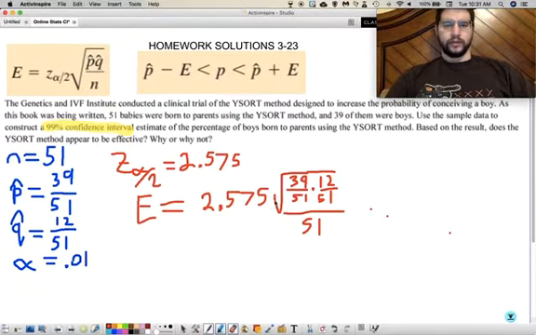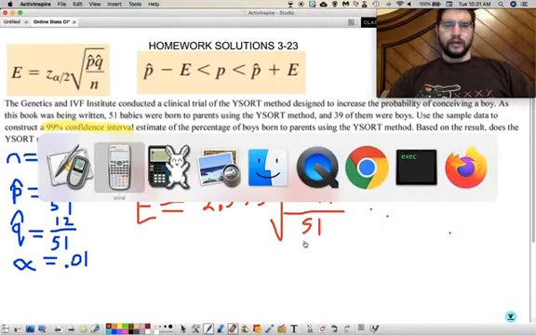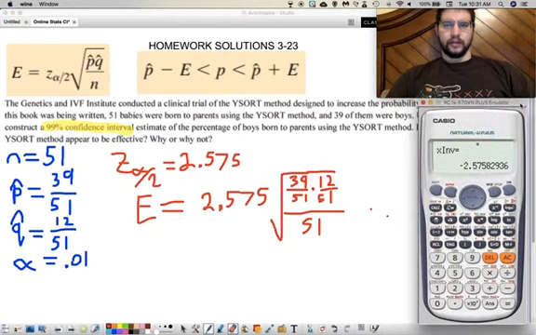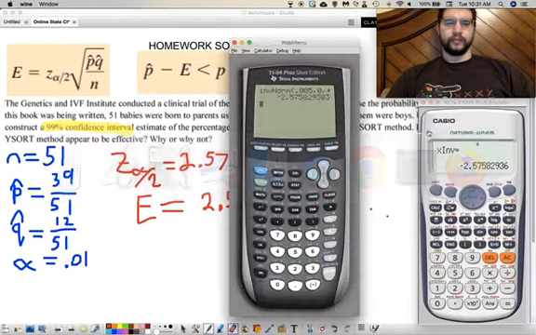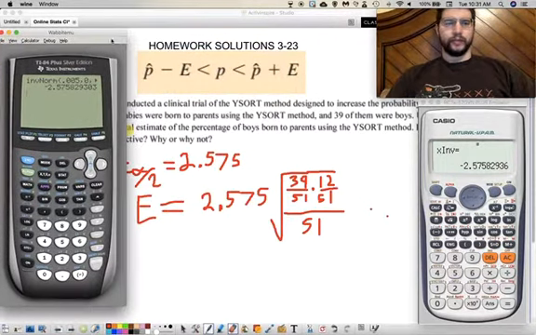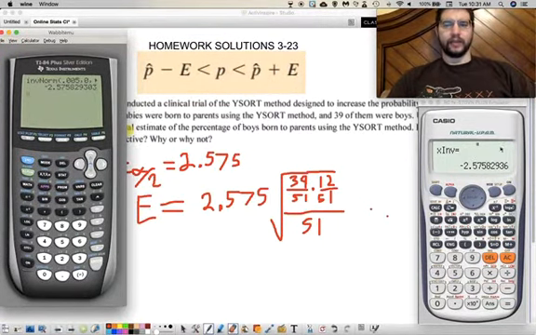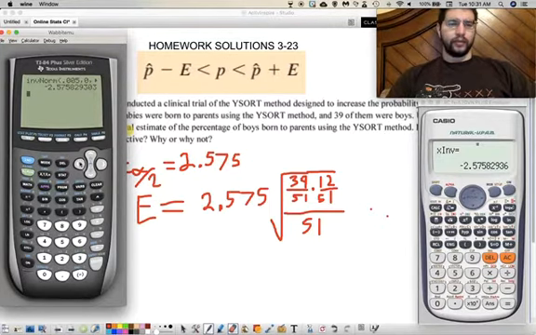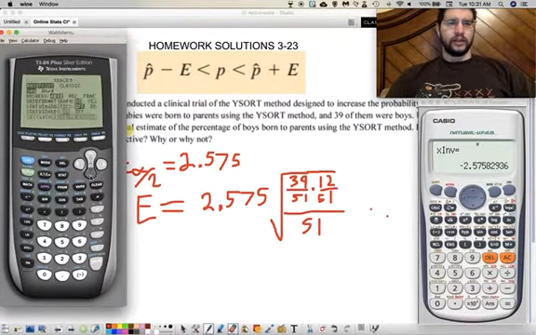And extend that root a little bit, all of that's underneath the radical. Let me grab the TI because it's more complicated to put it in that one. Of course, you actually don't have to put it in this one, but if you're using another calculator that doesn't have math type like this one does, the process is the same.